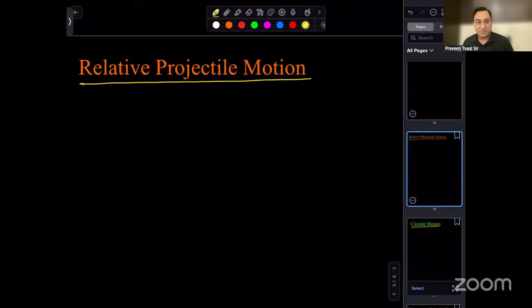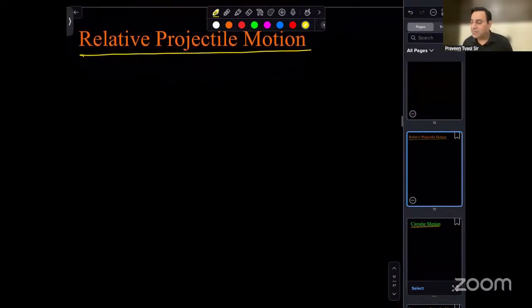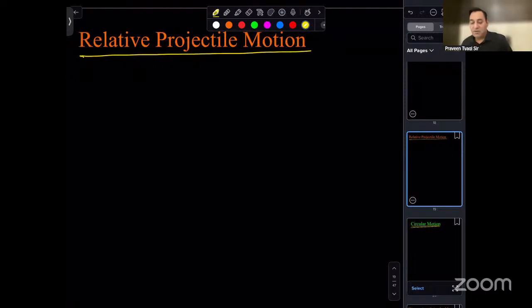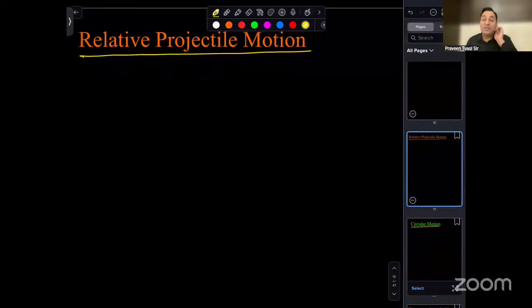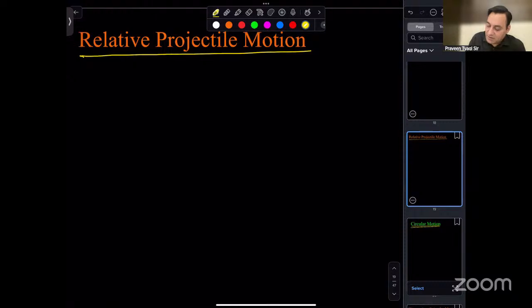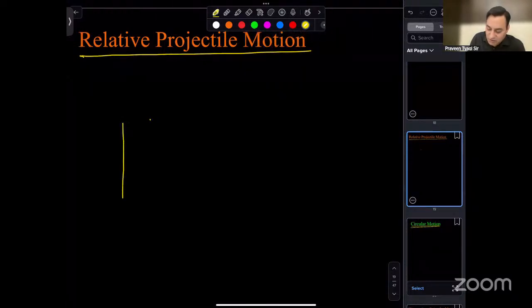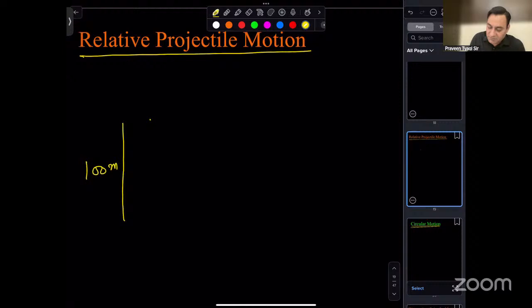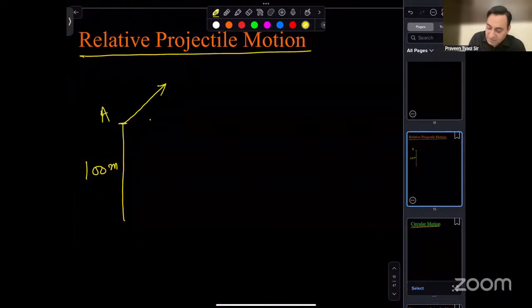Now, quickly see this. Let me do a simple question for you, to show how we can use relative velocity for two-dimensional motion and projectile motion also. So if I throw a stone from one building which is 100 meters tall, A throws a stone at an angle of 30 degrees with 100 meters per second.